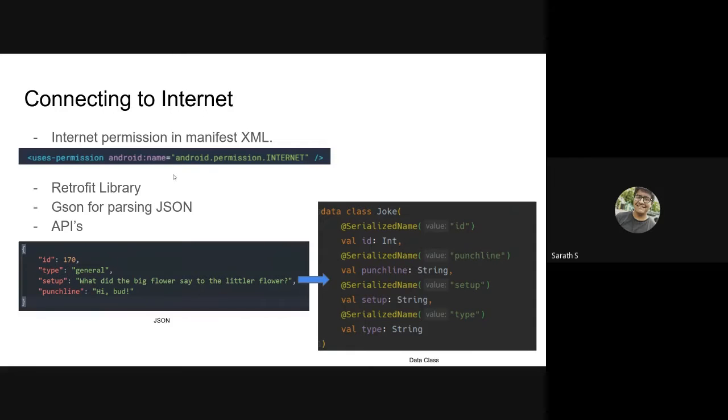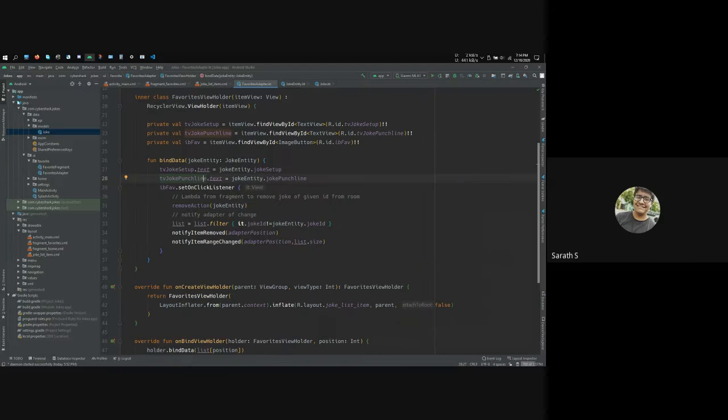Connecting to the internet basically needs what's called a permission. So in Android, we have strict permissions for using the internet even. If your app wants to use the internet, we need to specify it in what's called the Android manifest. I've shown this in the first session.